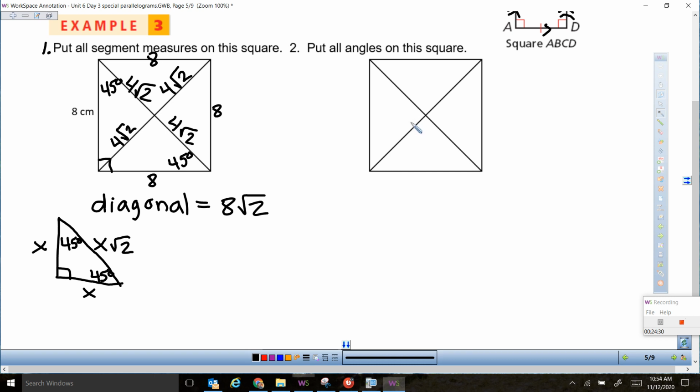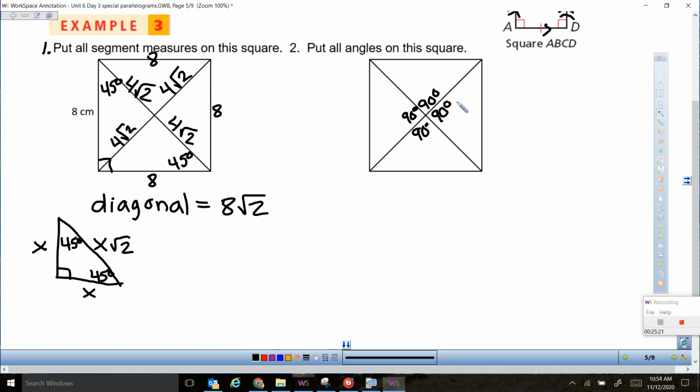Because since the square is a rhombus, the diagonals are perpendicular. So if they're perpendicular, that means this is 90 degrees. This is 90 degrees. This one is 90 degrees, and this one is 90 degrees. So all of those angles at the center are 90 degrees.